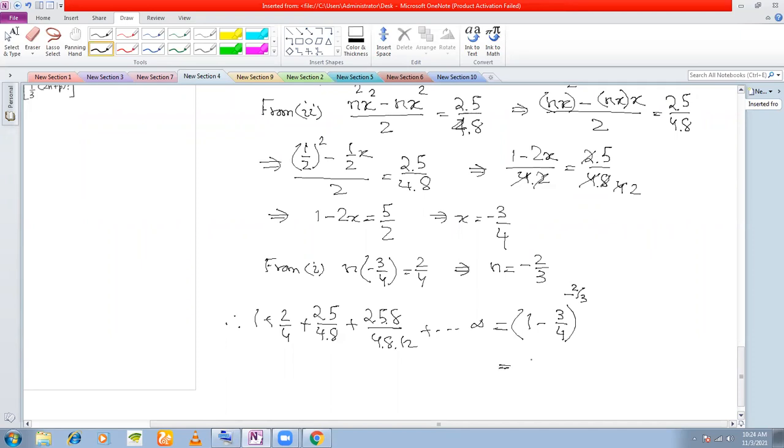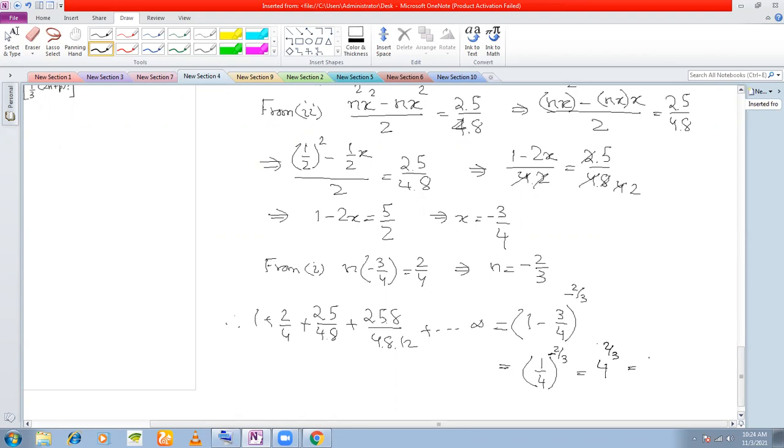So therefore you get this as 1/4 to the power of minus 2/3. Okay, the minus sign changes. You have a minus power here, so this becomes 4 to the power of 2/3.